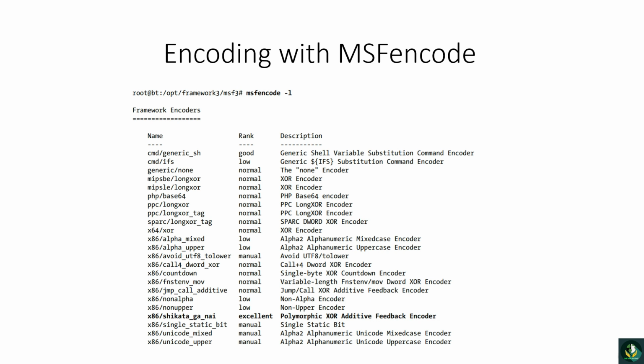Much as a binary attachment in email is encoded in base64, MSFencode encodes the original executable in a new library. Then when the executable is run, MSFencode decodes the original code into memory and then executes it.